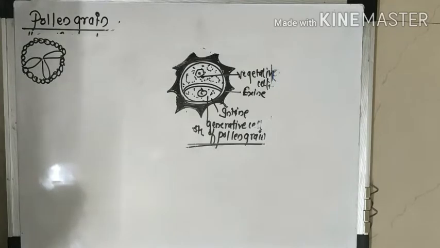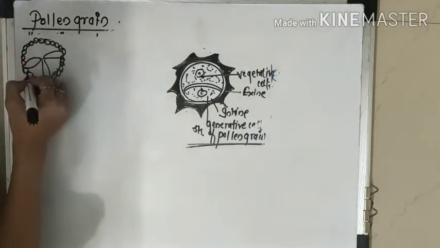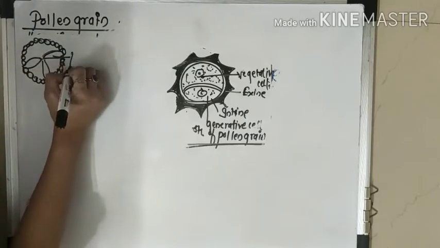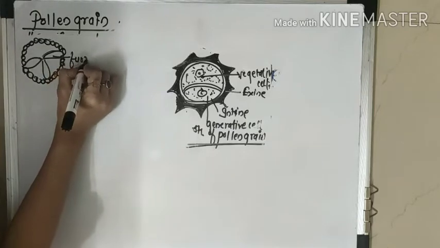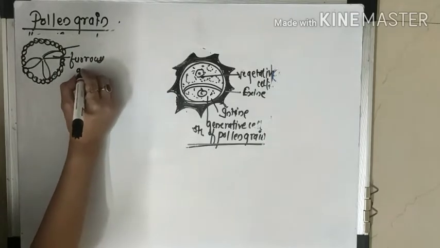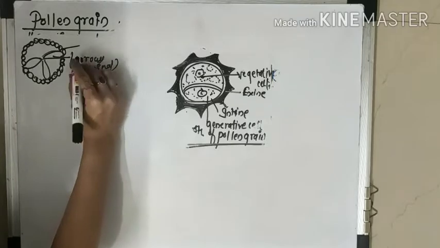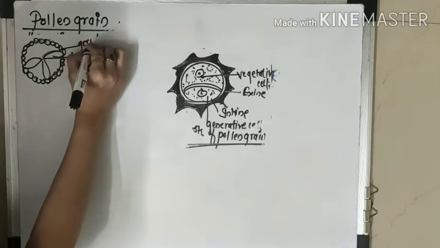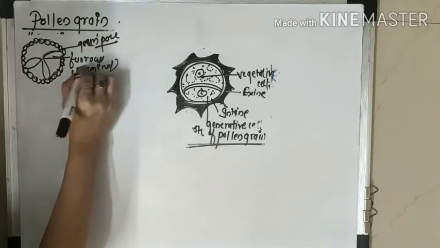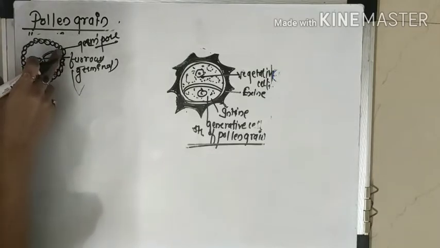So here you can see this pollen grain contains many regions of pores, or furrows, called germinal furrows, and germ pores. You can see this pollen grain contains a region where the pores or furrows occur.